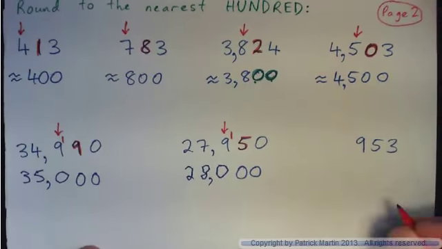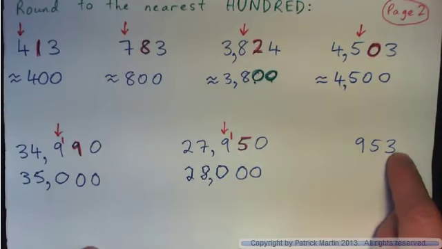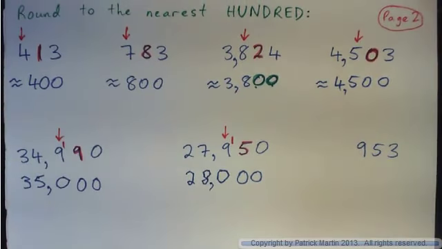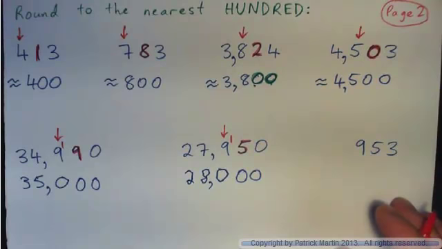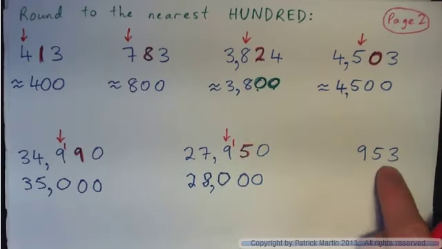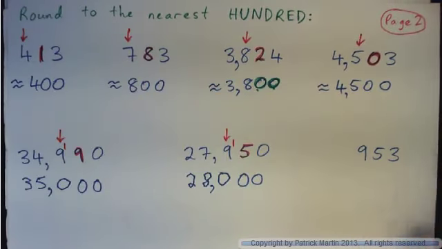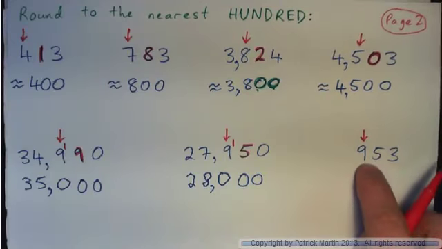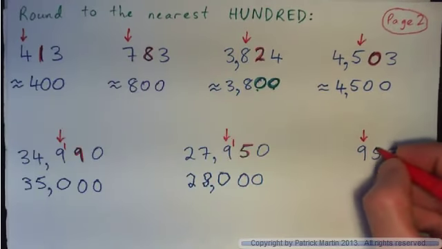How about this one? 953. Round that to the nearest 100. Have you got it? We've got to round to this place here, the hundreds place. After that is a 5.